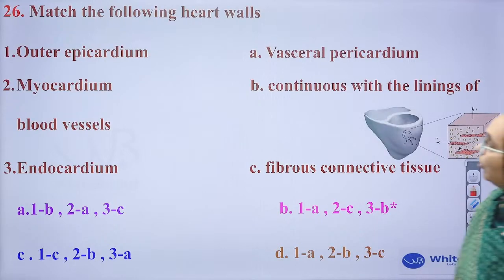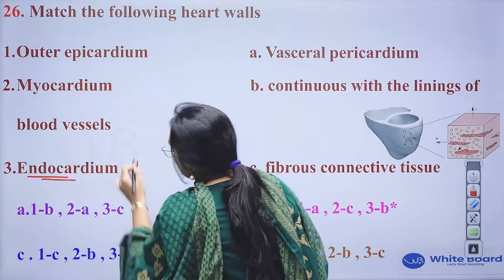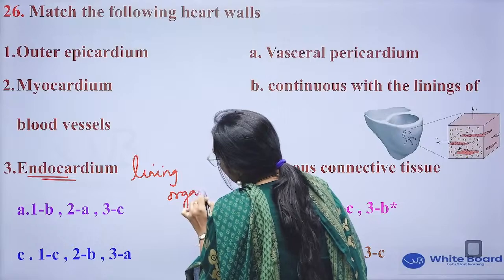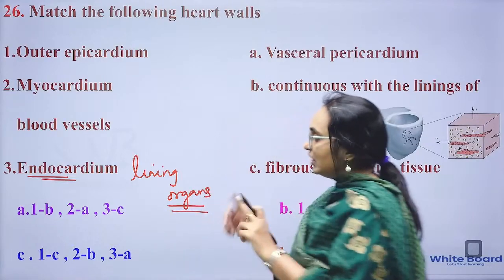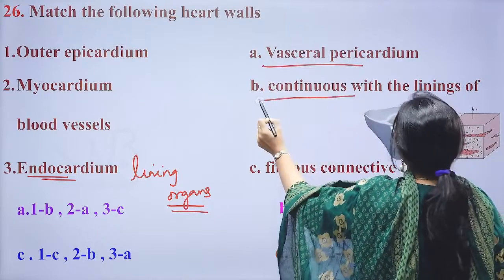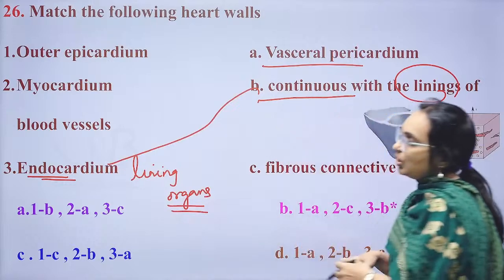Next, which of the following is a heart wall? So, endo means what, which is always a lining of internal organs or blood vessels. So, endocardium is the lining. Wherever you see this, the continuous linings are there. So, the lining of the blood vessels is called endocardium.